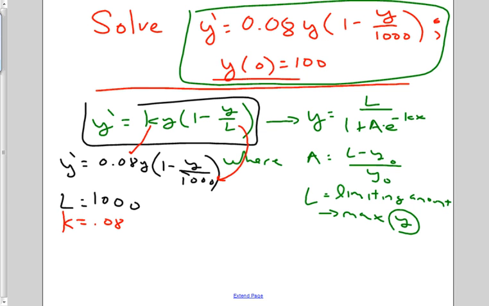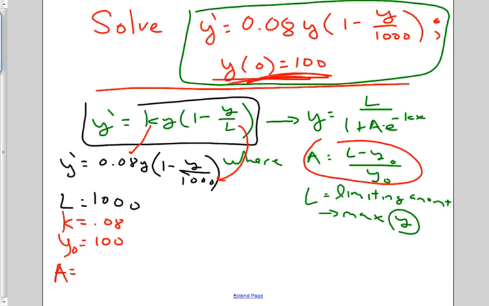We know that my initial y value is 100. So therefore my A value must be L, which is 1,000, minus y naught over y naught, which is 9.